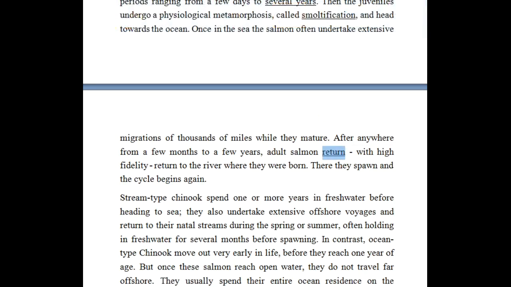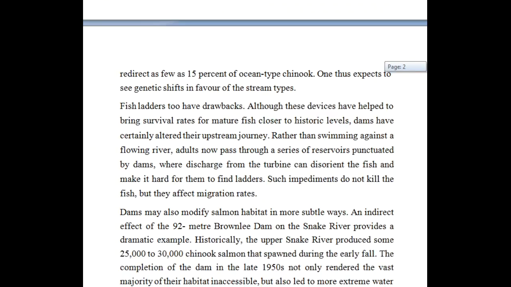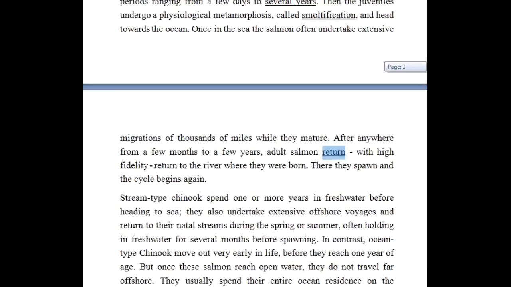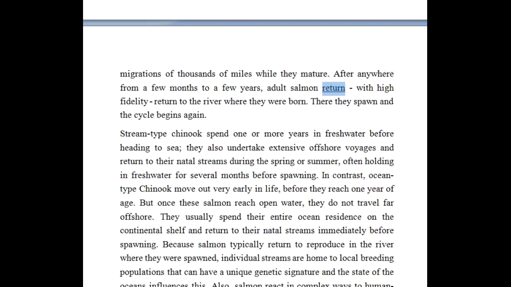And what I have to find out, let's go back to find. Return to dash of birth. Okay, return to a place, somehow it is related to birth. Okay, with high fidelity, return to, oh, again return. Return to the river where they were born.